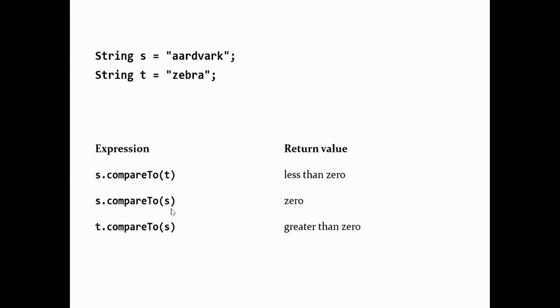If you compare a string to itself, the strings are equal, so you get back 0. t compared to s, so what is the order of zebra versus aardvark? Well, zebra comes after aardvark, so you get back a value that's greater than 0. If you read the documentation for compareTo, you can find out what the value actually corresponds to.